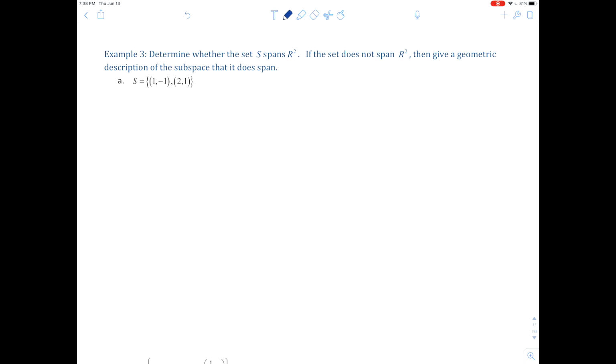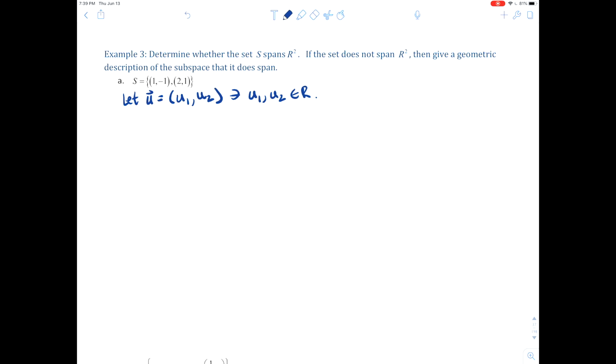We let U equal any vector that's in your vector space V, which happens to be R2. So why don't we let U equal U1, U2, such that U1 and U2 are elements of the real numbers. Cool so far?